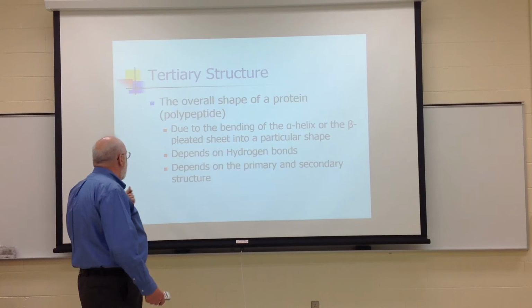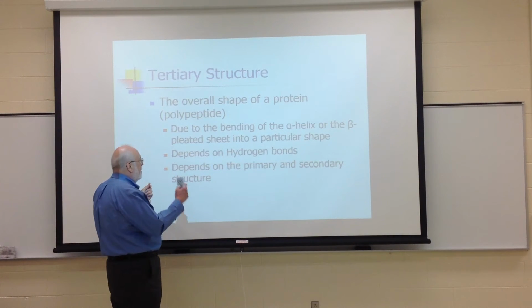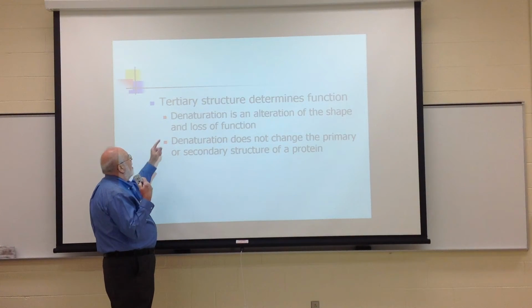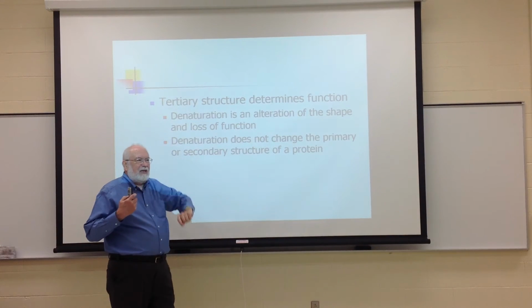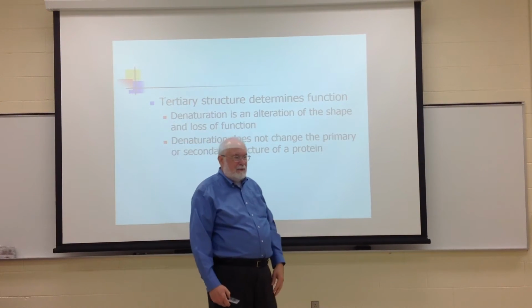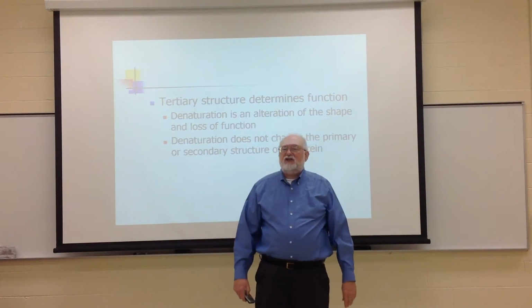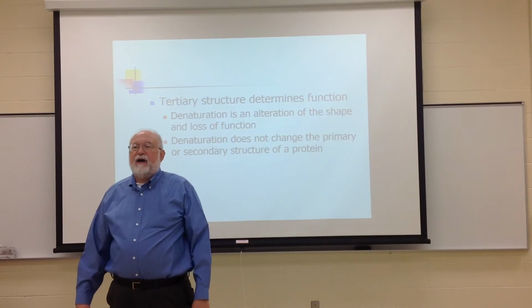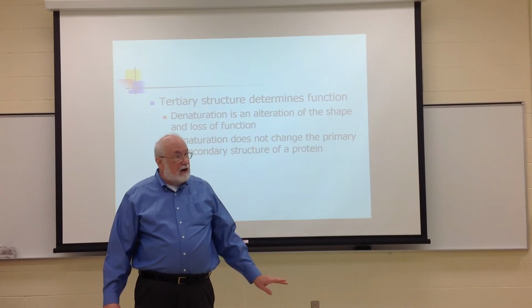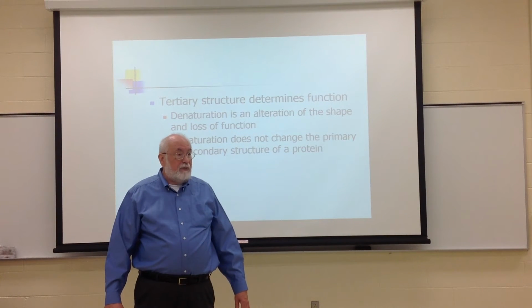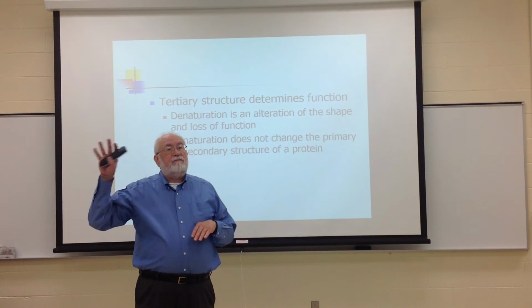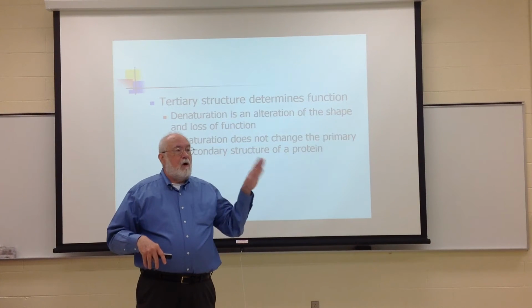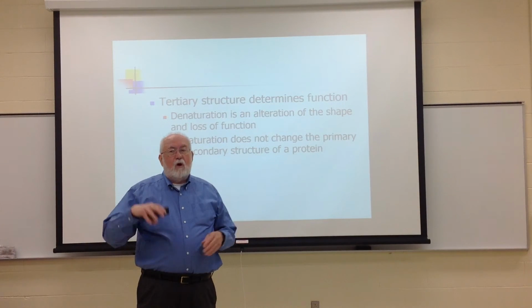Why do we worry about the shape? Because function is dependent on shape. If you change the shape of a protein, you alter its function. That's a very important take-home message. Shape equals function. If you alter the shape, you alter the function.